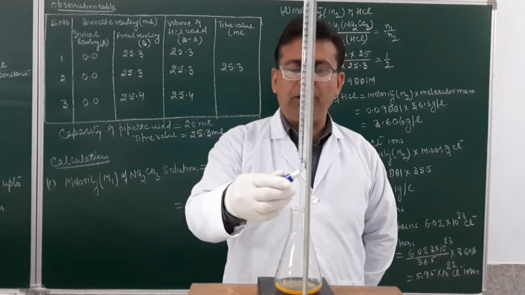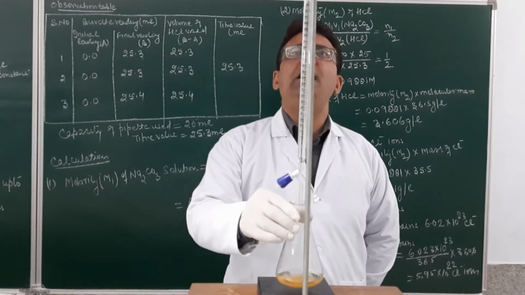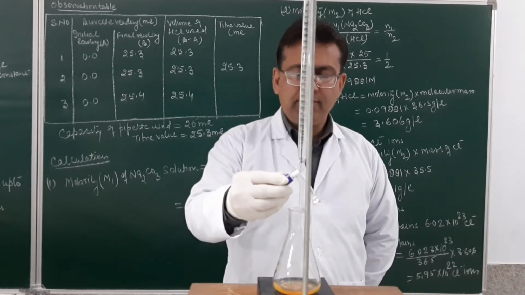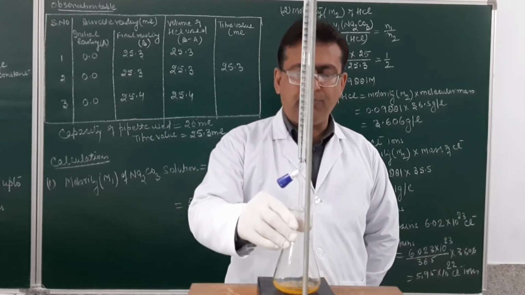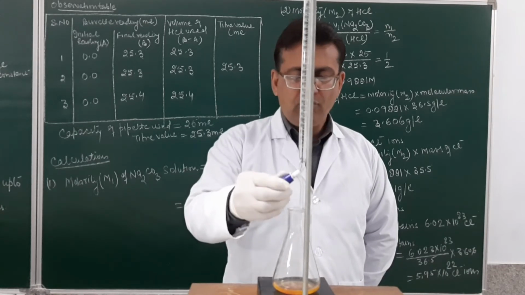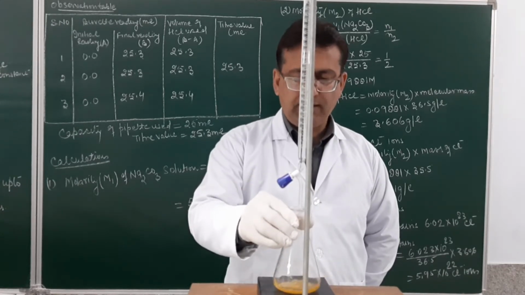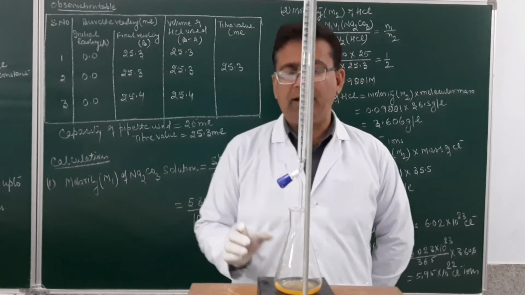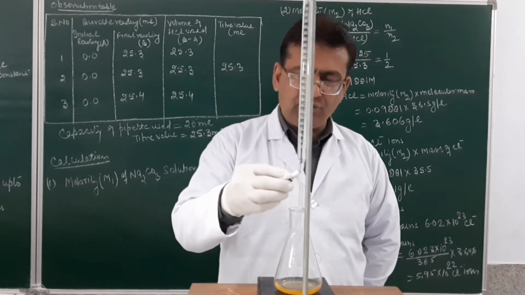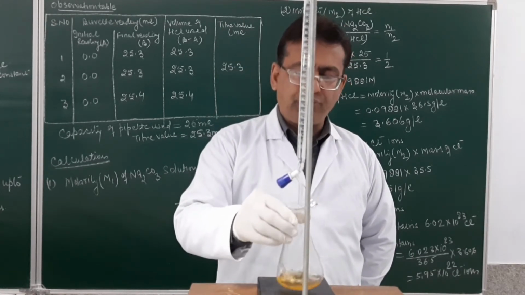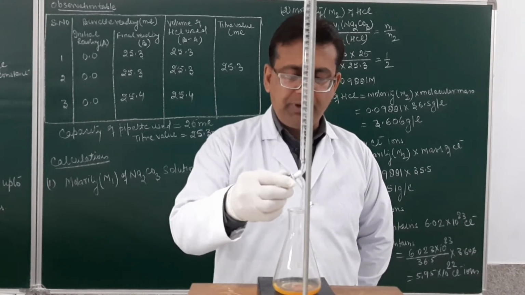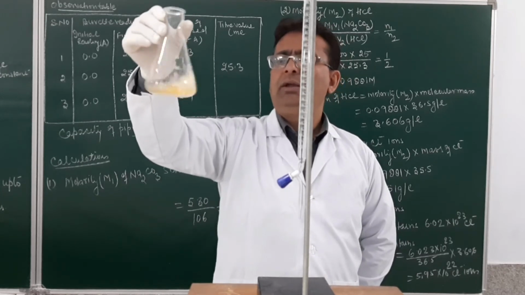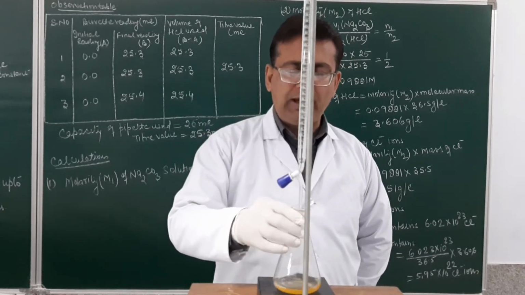At a certain point, we will observe the lightest pink color, and when we observe the lightest pink color, that will indicate the end point of the titration. Am I clear? So you can see I am adding the HCl solution, but the pink color is not yet observed. If it is shaken, it still remains yellow in color.